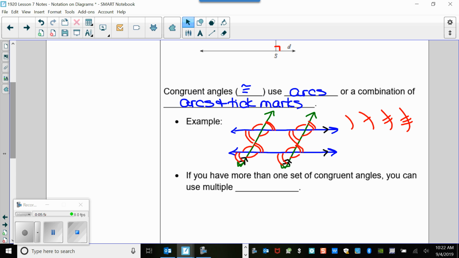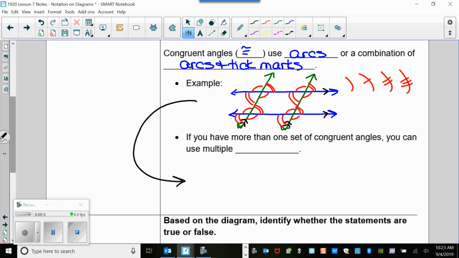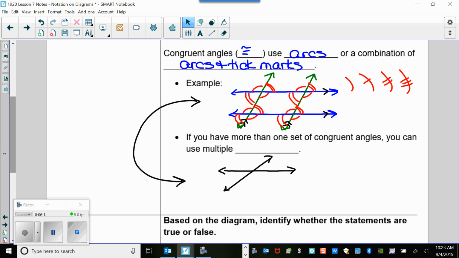Oh, well, I totally did that example in the wrong place, ladies and gentlemen. And I'm out of time today, so I am not going to redo the example. This example up here should have been simpler. We're dealing with arcs or ticks.